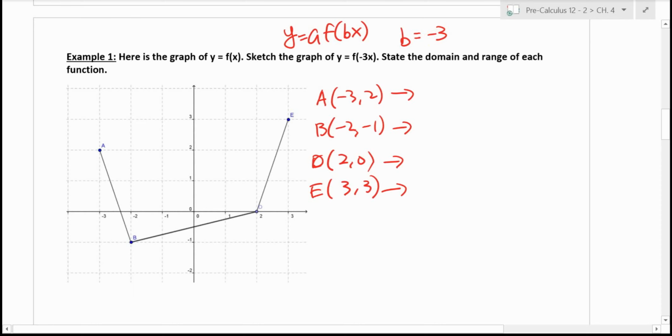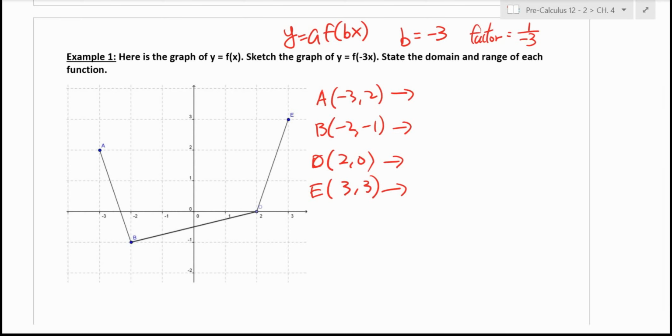That means we would have a horizontal compression, again because the value of b, if you don't look at the negative sign, is more than 1. So the factor will actually be 1 over negative 3. That means it's being compressed horizontally, and it's also reflected over the y-axis.